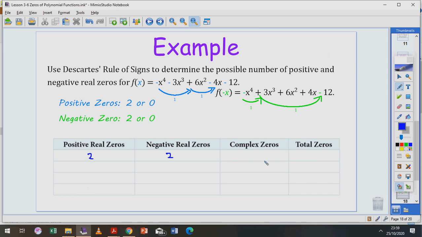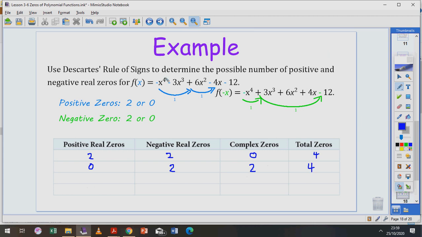The complex zeros will be 0, and then the total zeros will be 4. The positive real zeros could be 0, and the negative real zeros will still be 2. The complex zeros will then have to be 2, because the total zeros have to remain 4.